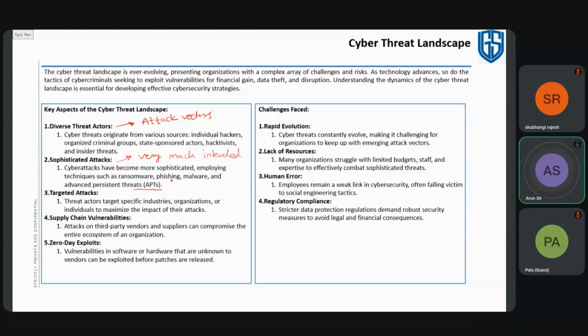Every country is claimed to have, or people have blamed that these are backed by, these countries, and these APT groups are active and doing a lot of damage in the cyber security landscape. Targeted sophisticated attacks are very intended and very dangerous.